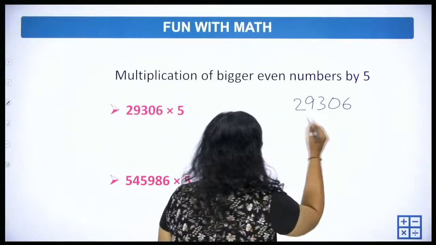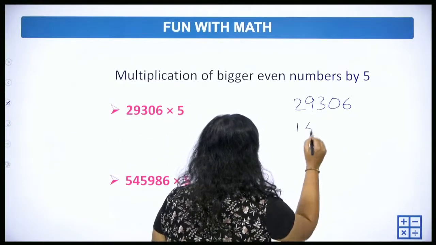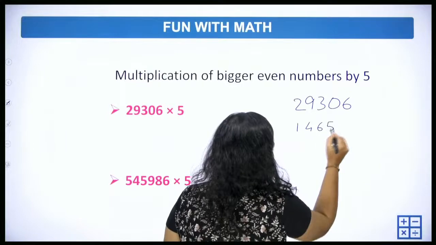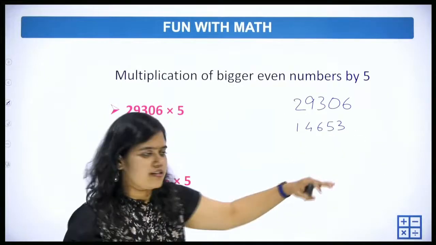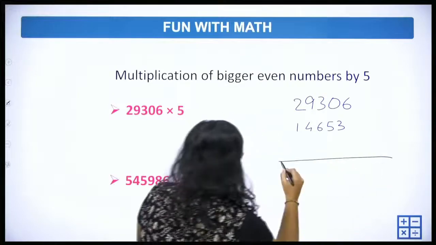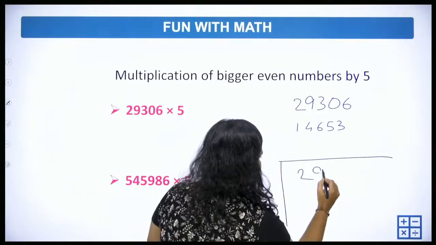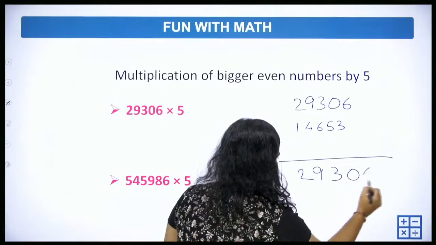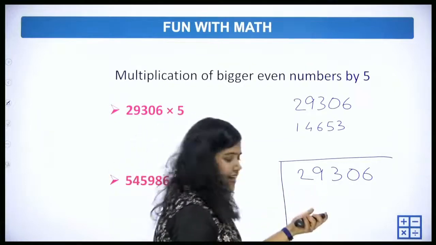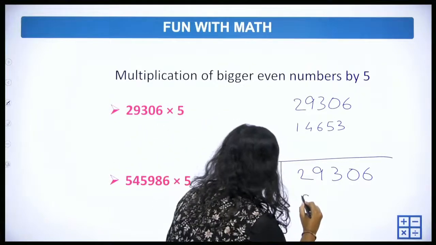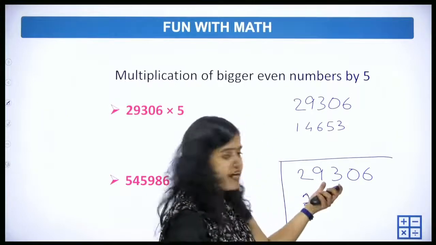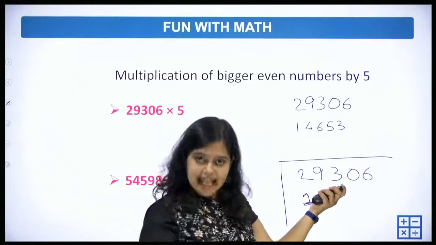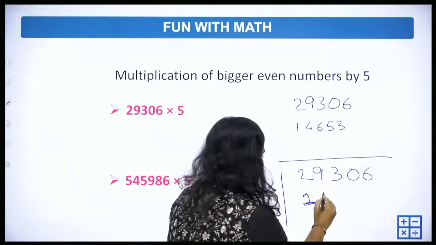So, let's divide by 2 first. 1, 4, 6, 5, 3. Right. How did I do it so fast? Let's do that also. 29306. 2 divided by 2 is 1. Clear. Now, 9, I cannot divide 9, I can divide 8. So 8 by 2 is 4.